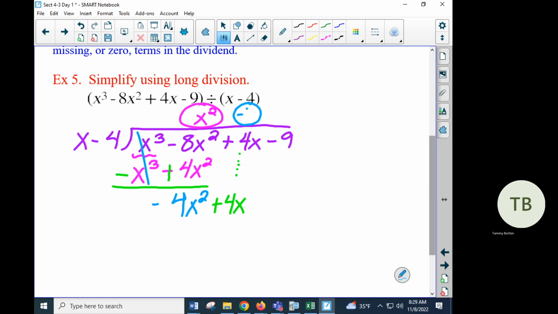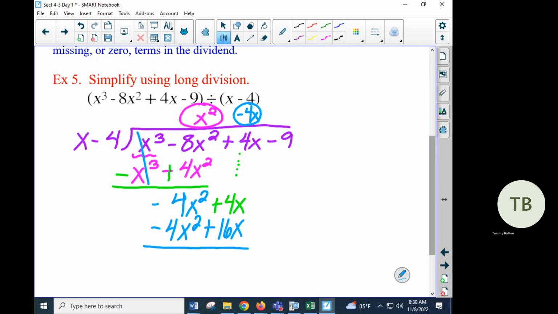And that's a negative 4. Okay. A negative 4x times x gives me negative 4x squared. These two are always going to be the same. Then I take negative 4x times negative 4, and that is what? Plus, it's a positive 16x.